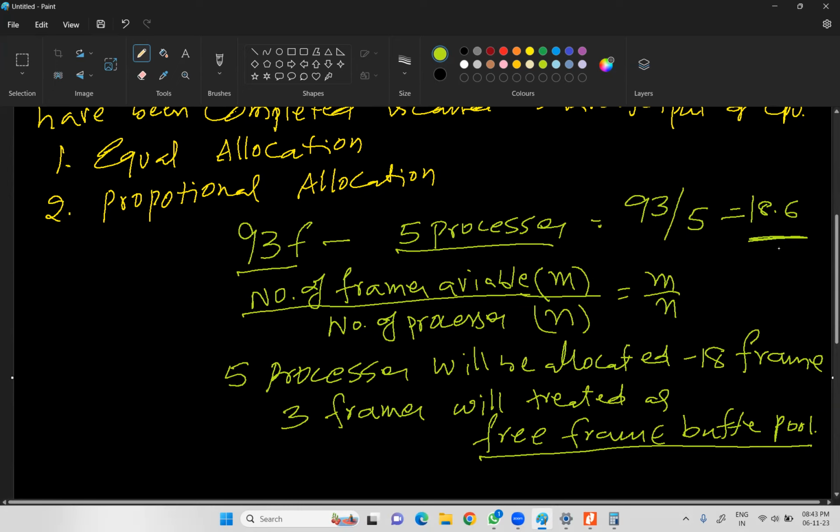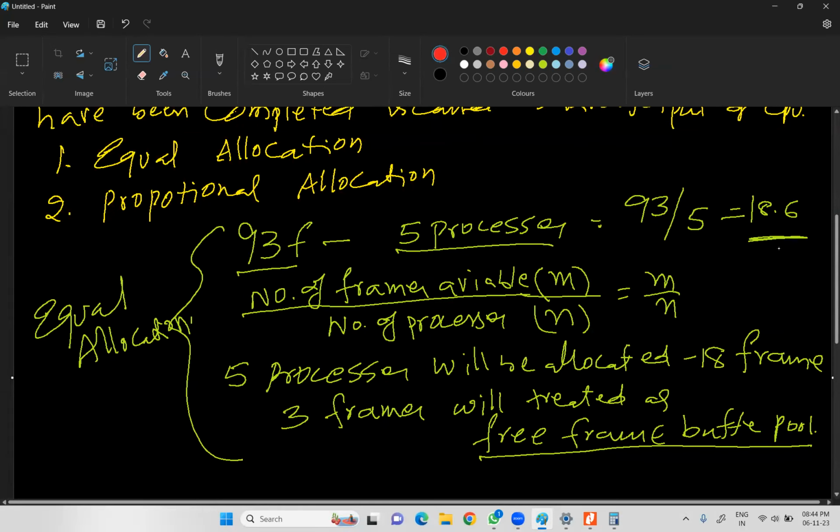This kind of activity is called equal allocation. So total number of frames divided by total number of jobs or processes available within the ready queue is what gets operated.